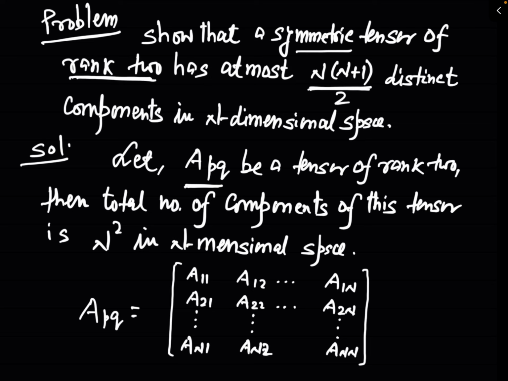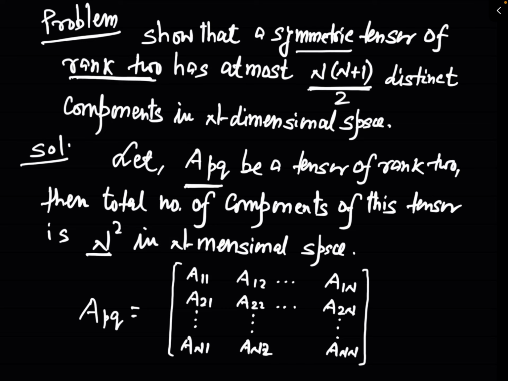You can see that this matrix is a square matrix, an n by n matrix, and so the total number of elements or components of this matrix is n square. The number of components in a row is n, and the number of components in a column is also n. So the total number of components of this tensor is n square.